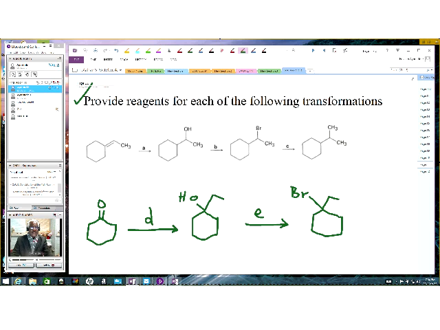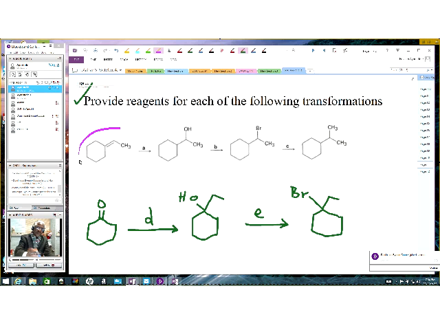This question says, provide reagents for each of the following transformations. Okay, in the first set of transformations that we have here, we take a look at this alkene molecule right here.